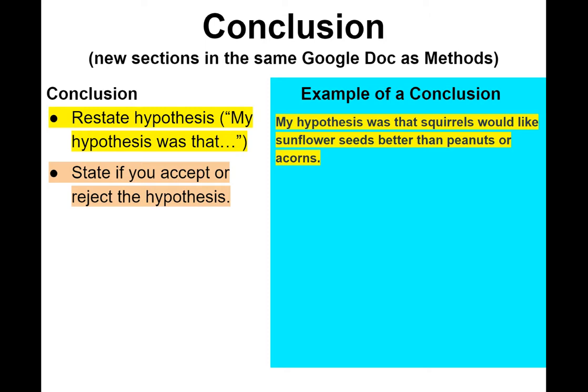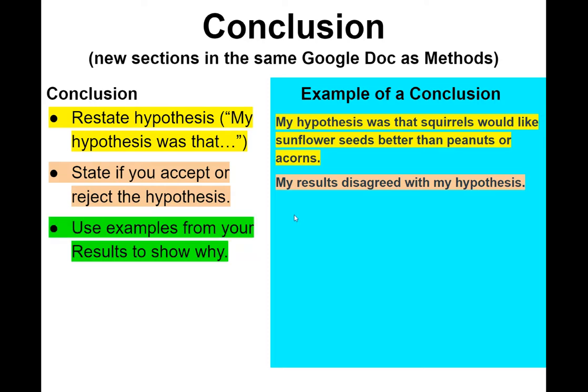If it's mostly agreeing, then you can accept or reject. So an example would be, my results disagreed with my hypothesis. Or you could say, I reject my hypothesis. Either one of those things would be fine.